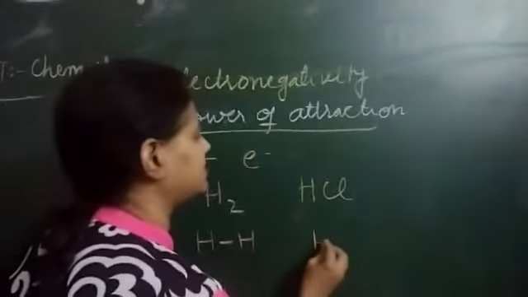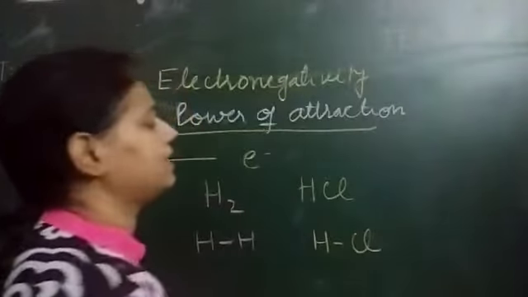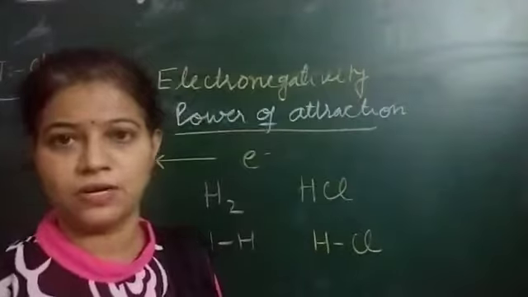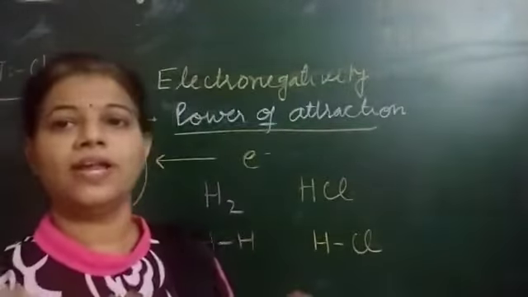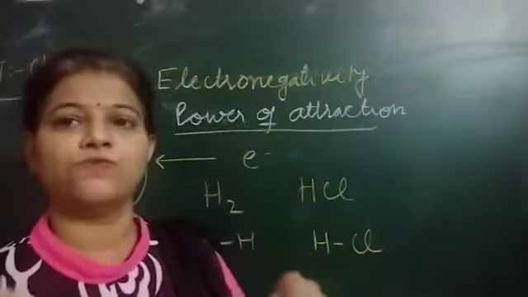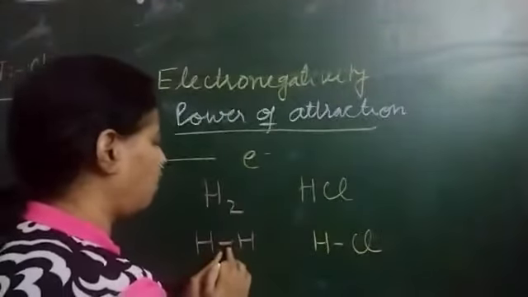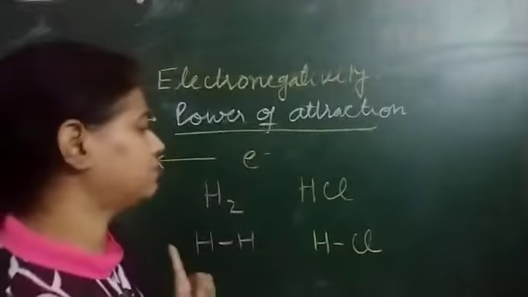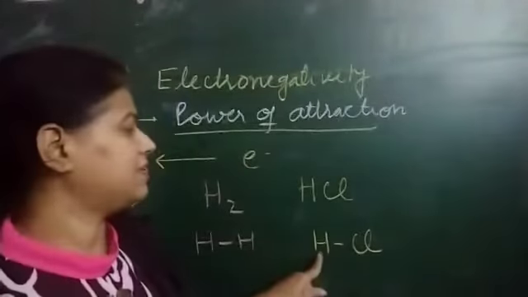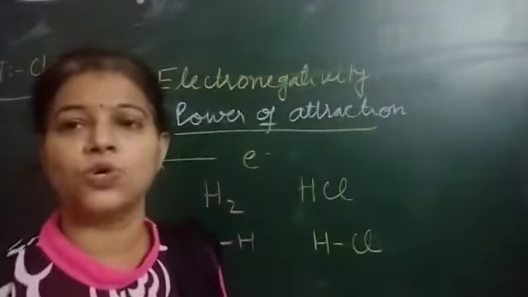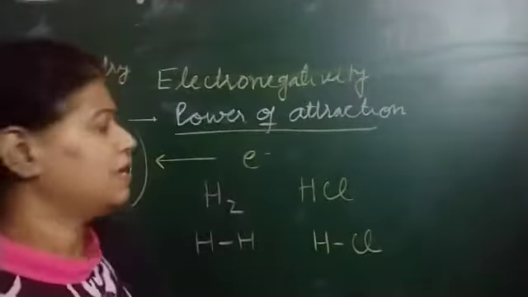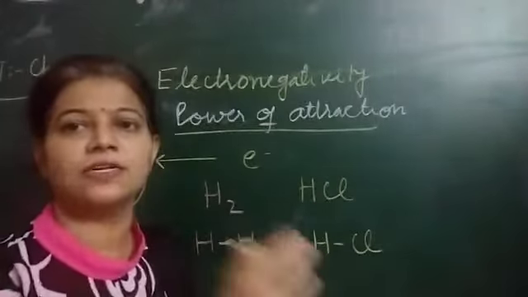And in HCl, one atom of hydrogen and one atom of chlorine. Now, you don't have an idea about bonding yet, but just for understanding, a covalent bond is present between the two hydrogen atoms, and between hydrogen and chlorine also a covalent bond is present.